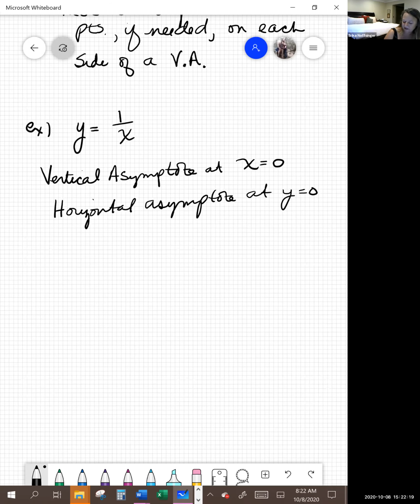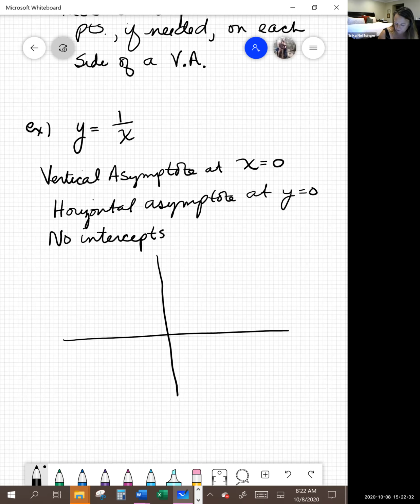It's undefined there. So no intercepts. Okay, so we actually saw that these were asymptotes, these x and y axes.